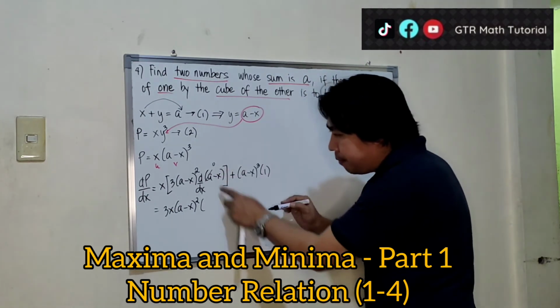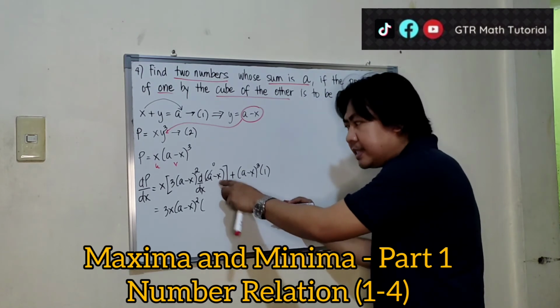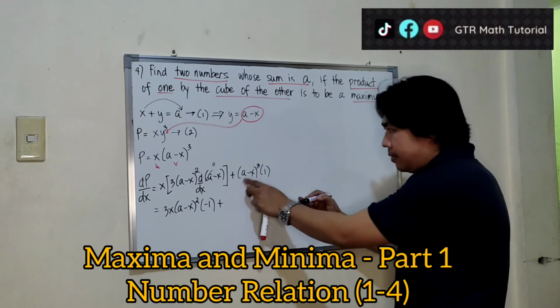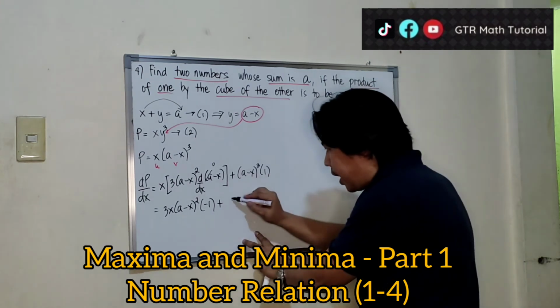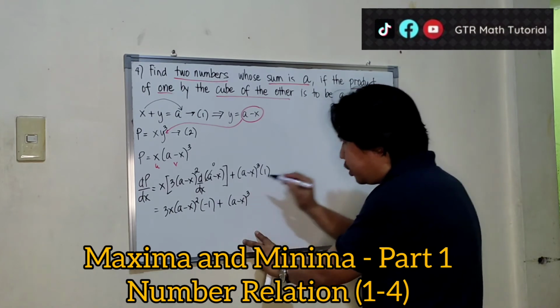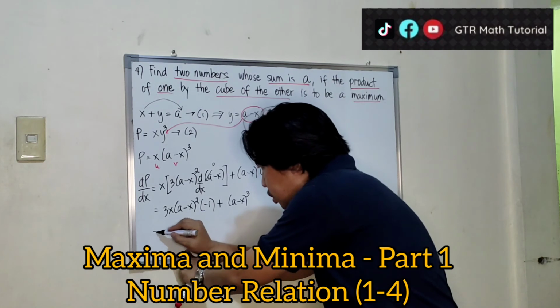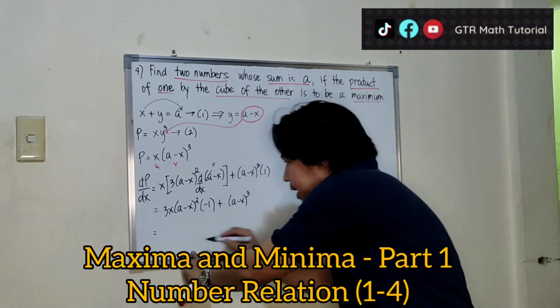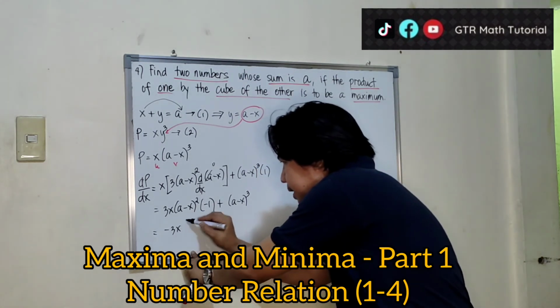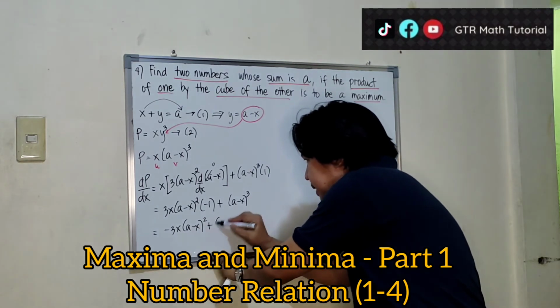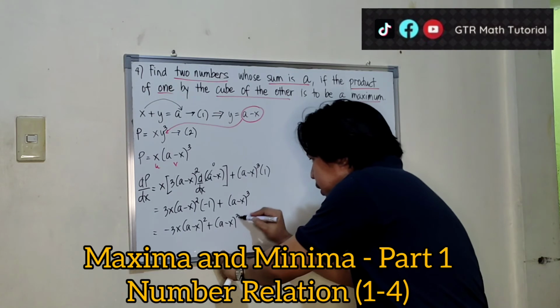The derivative of negative x is negative 1. Then just copy. So this is 1, so no need to write. So we have a minus x cubed. Then simplify. So we have negative 1 times 3x. So we have negative 3x times a minus x squared plus a minus x cubed.